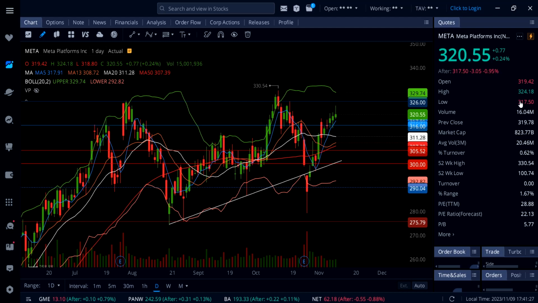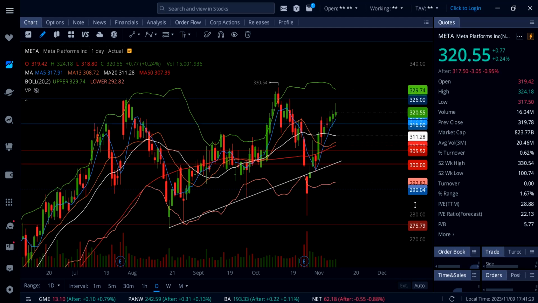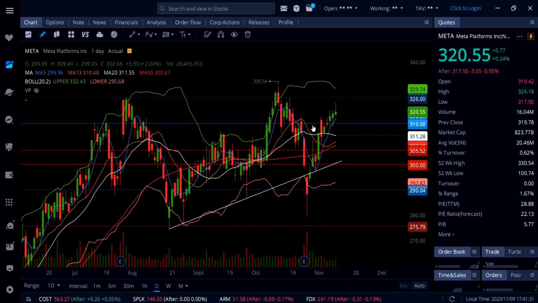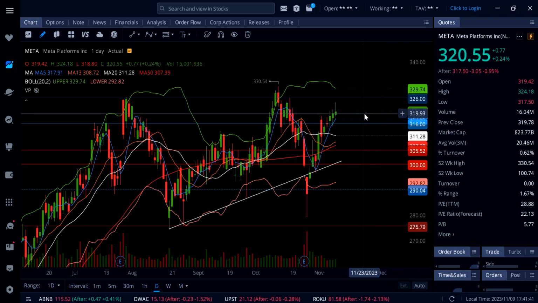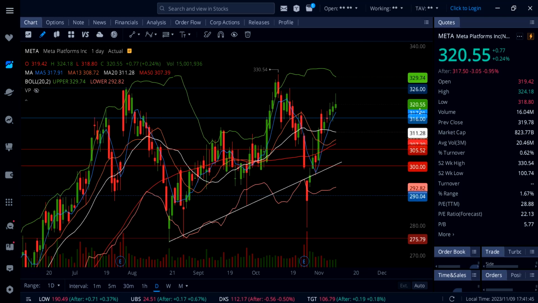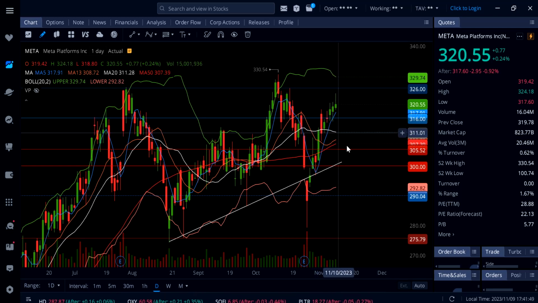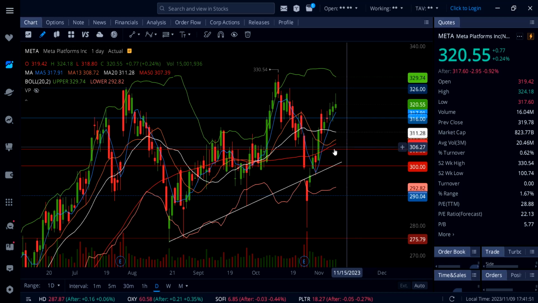Now, yesterday I also said in my video that, look at this dip buying right here. 316, went slightly under 316, and look at what happened today, guys. Almost hitting 326, got up to 324, and then we saw that rejection. So tomorrow on Meta, you want to watch 318, 316 as a support, and then 312 right here, 307, 305 to the upside.